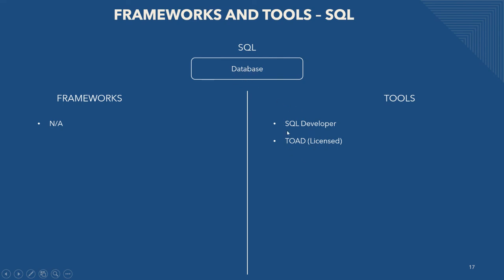We have a couple of tools. Toad is a licensed product, not much required nowadays. Not many people are using it unless it is required for some special reason. Most of the time, as a software developer, you just need SQL Developer, using which you can connect to the database and run SQL commands. You can insert data into the database or get the results from the database, or even add new columns or create new tables in the database using the SQL programming language.